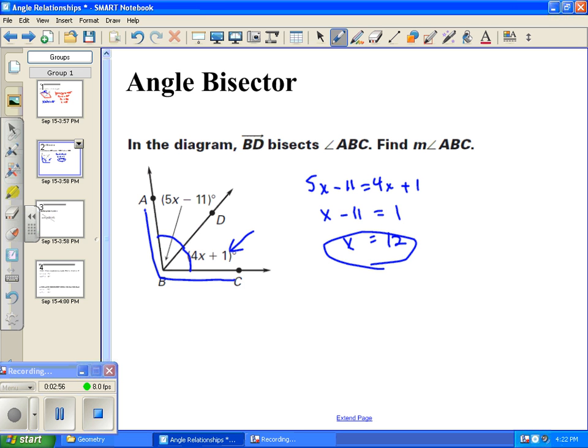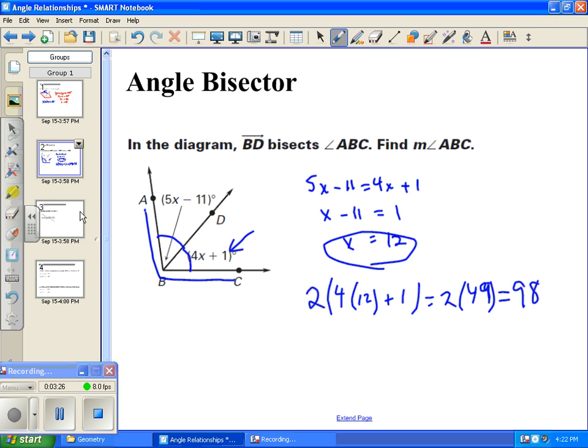So we have 4 times 12 plus 1, and then we're going to double all of this because we want the full angle. So we're going to get 2 times 49, which is equal to 98. Okay, so that completes this problem.